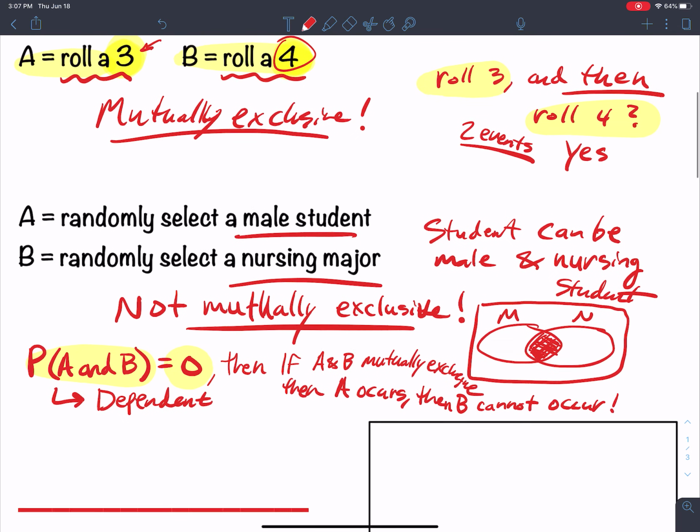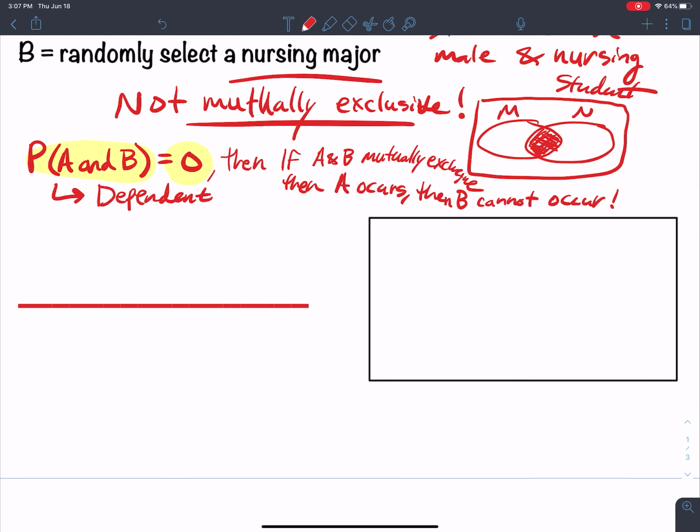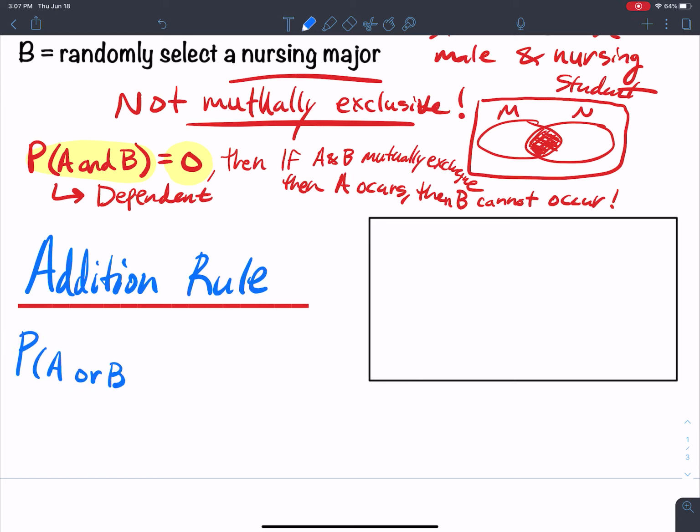Now let's get on to the addition rule. The addition rule is the probability of A or B. The key word here is or. With the multiplication rule, the key word was and. With the conditional probability rule, the key word was given.